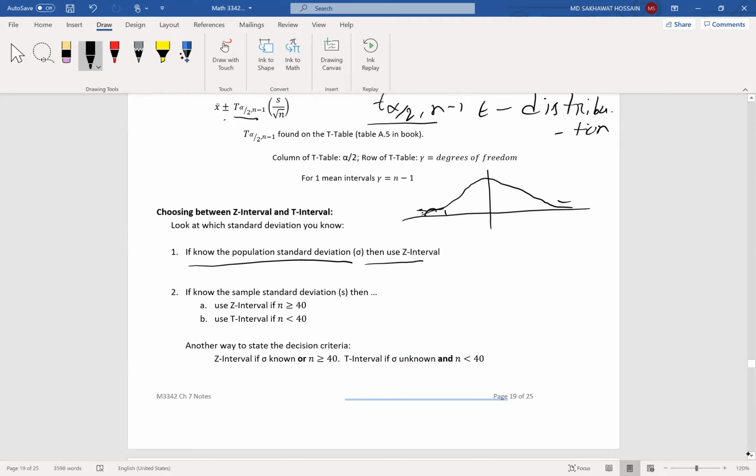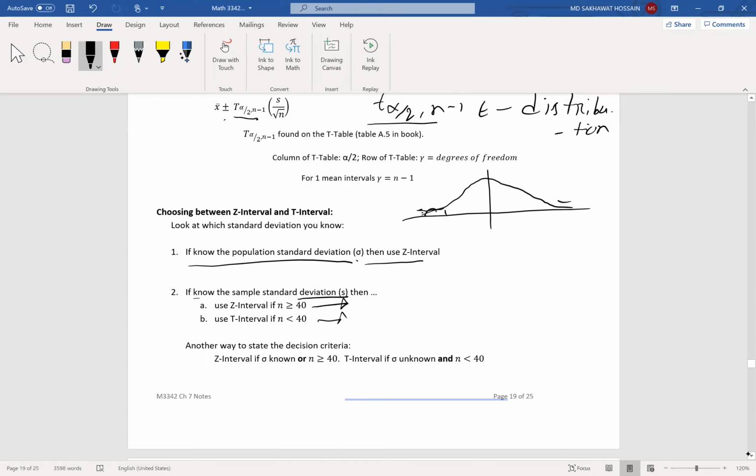But in reality, most of the time sigma is unknown. So if you know the sample standard deviation, not the population sigma, then if n is large, use Z interval. If n is small, then use T interval.